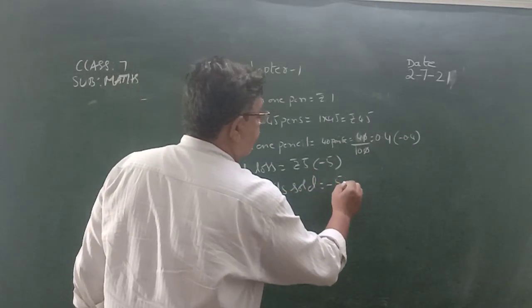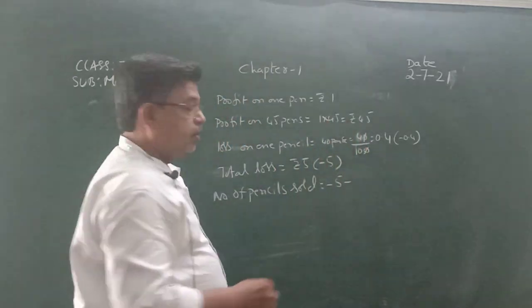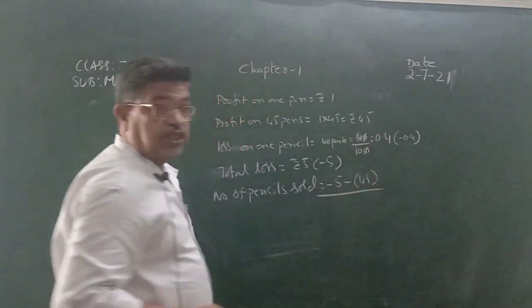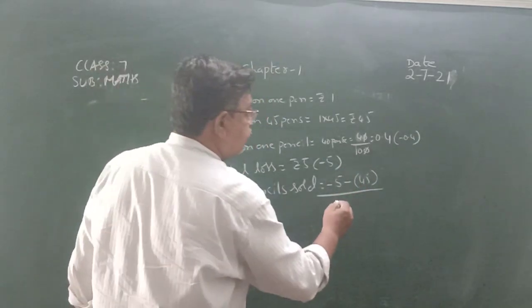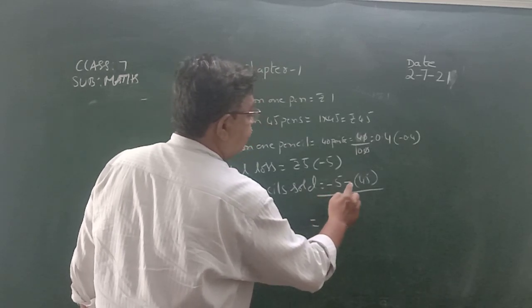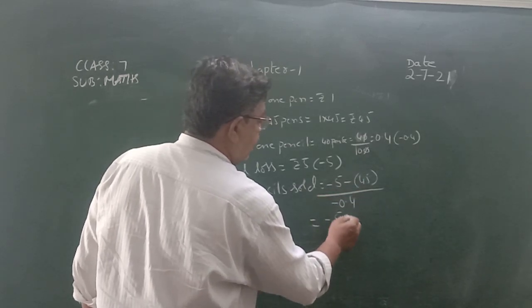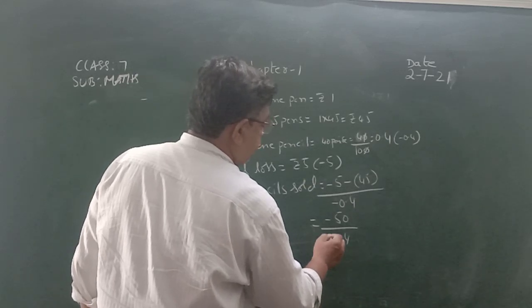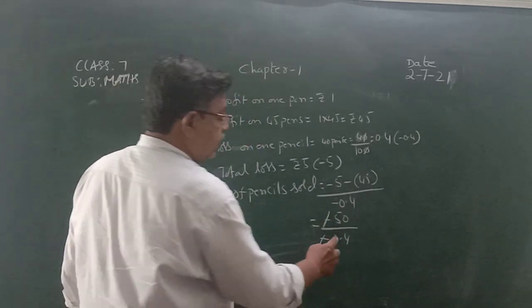Minus 5, from which you subtract the profit, minus of 45, divided by the loss on each pencil, minus 0.4. So minus 5 minus 45 is minus 50, by minus 0.4. Minus minus gets cancelled.